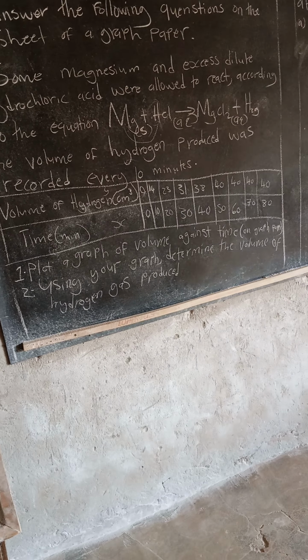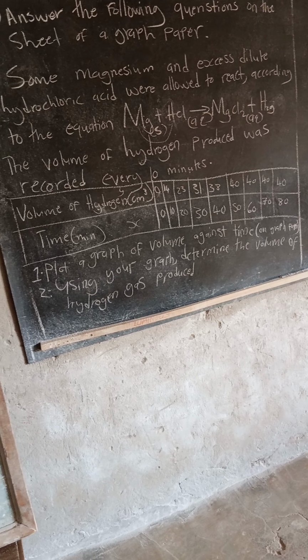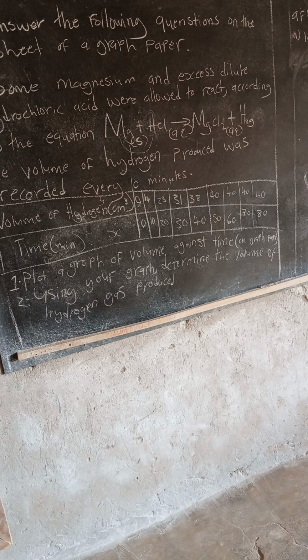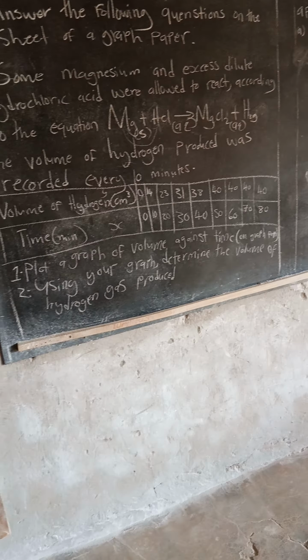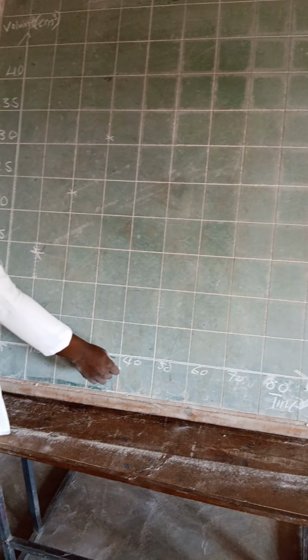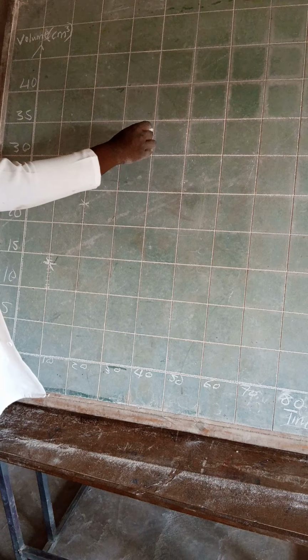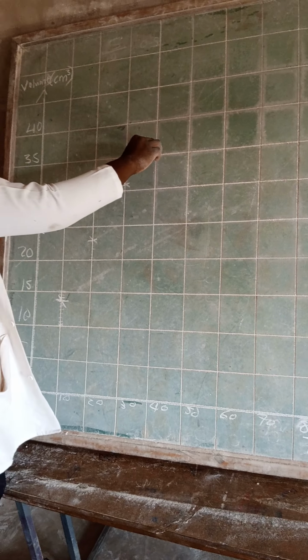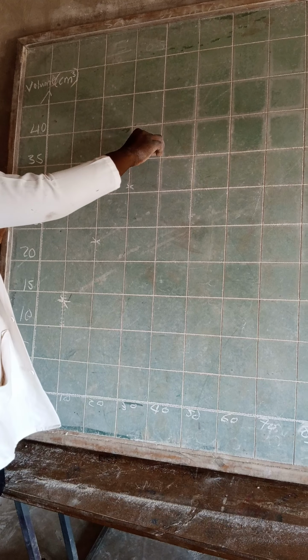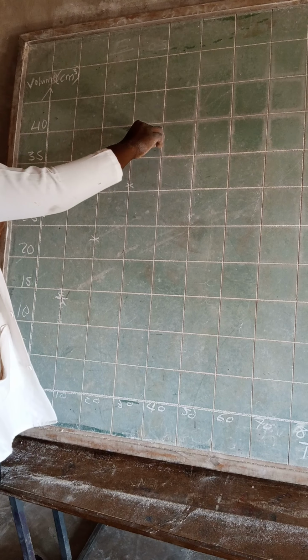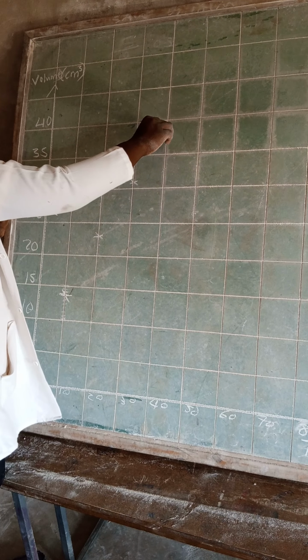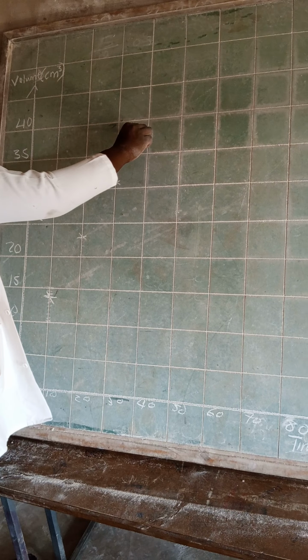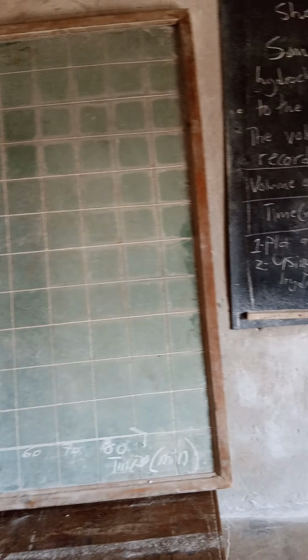Then the next one coming: 40, what? 40, 38. So you come here on 40, then you come on 38. So this is 35 here, right? So the next one will be 35.5, 36, 36.5, 37, 37.5, and you're going to have your 38 somewhere there, right?